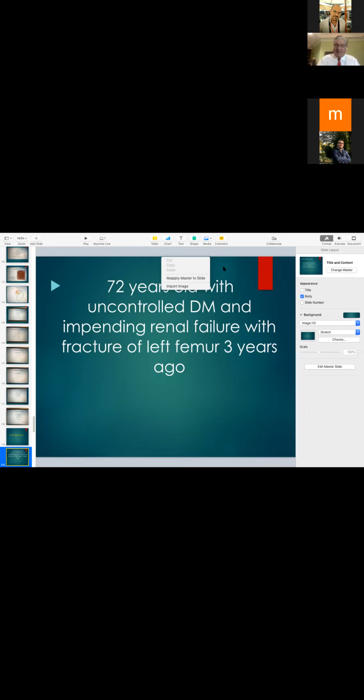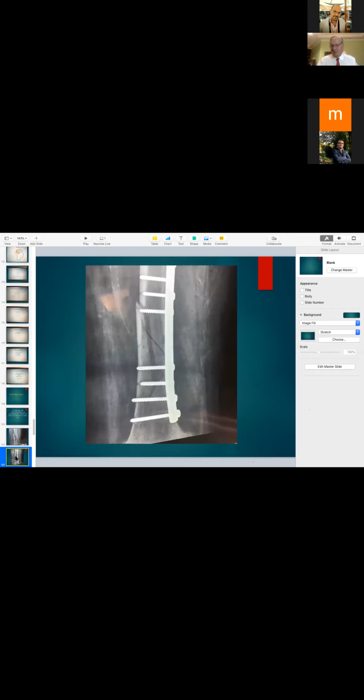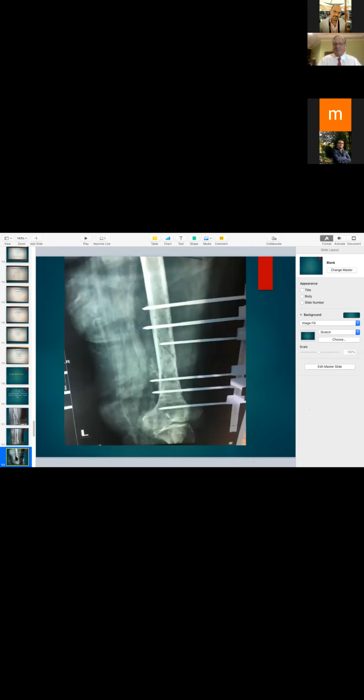So what she actually had was a simple spiral fracture of the femur, and the surgeon, with the presence of risk factors, did plating. Very nice looking plate. Okay.